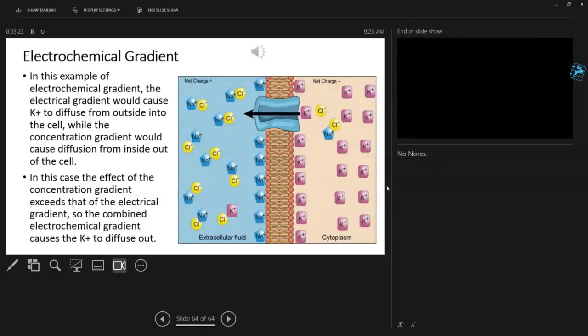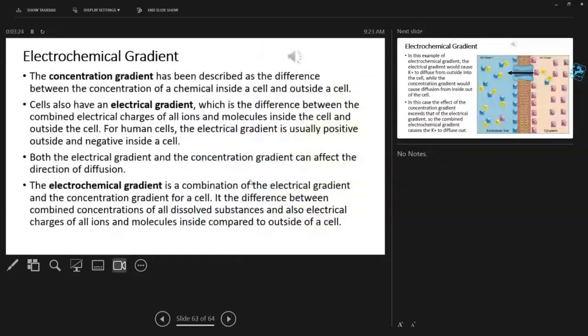So those two combine, the combination of the chemical gradient, the concentration of the number of atoms or molecules, along with the difference in electrical charges. That's called the electrochemical gradient. And this is what drives diffusion.